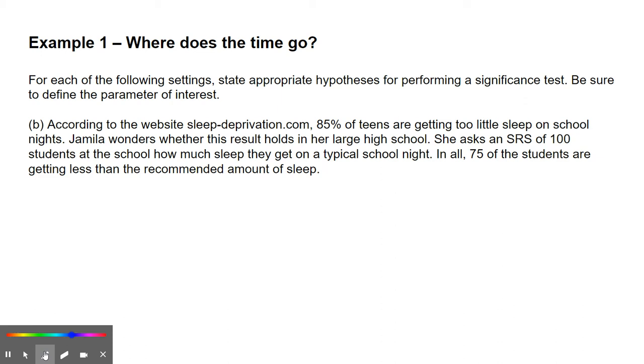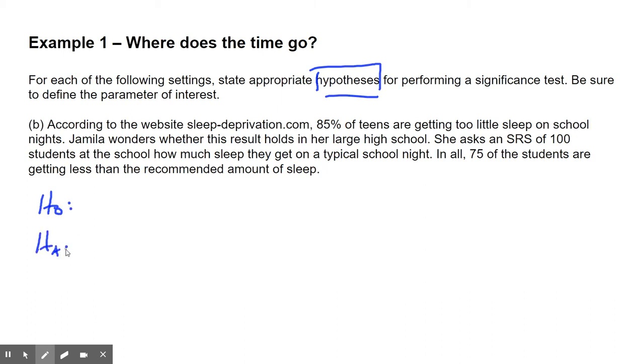Okay, so we need to write our hypotheses. So again, we always start off with the null and the alternative. Now, when I see this 85%, immediately I think of proportion. This is a proportion problem, right? For the null hypothesis, our true proportion is going to be equal to some value. Now, this is going to be this 85%.